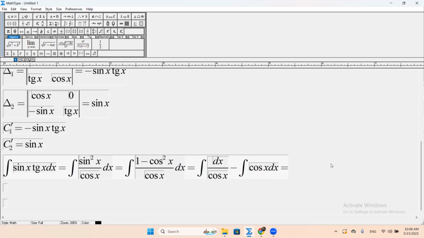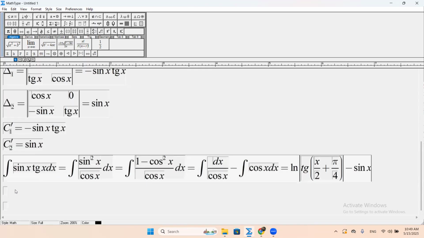The integral of 1 over cosine of x will be equal to logarithm of tangents of x over 2 plus pi over 4, and minus sine of x.